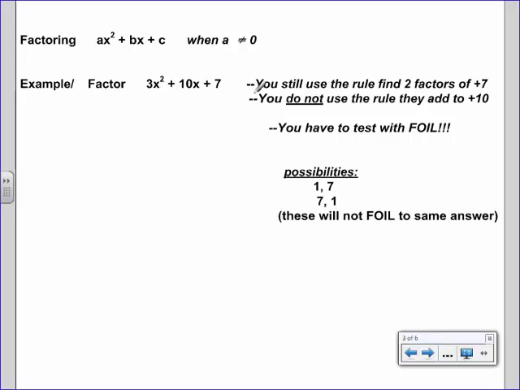You have to test it with FOIL. Now, the only way you can get 3x squared when you do the F of FOIL, and we only use integers, not fractions, is if you put in 3x and x, because when you multiply those, you would get your 3x squared. So we can at least get started and write that down.